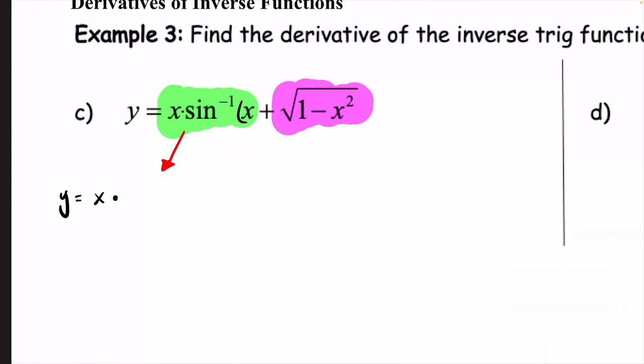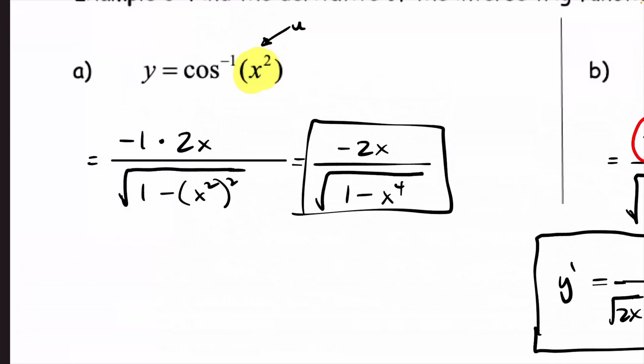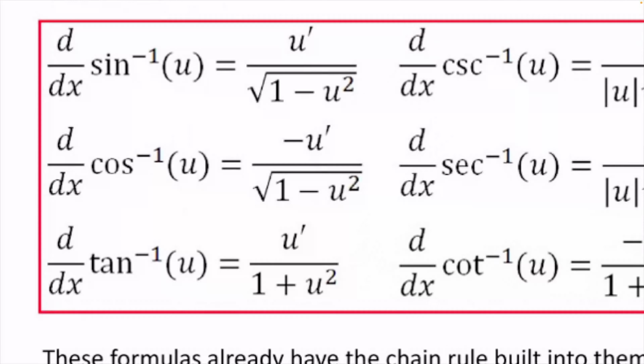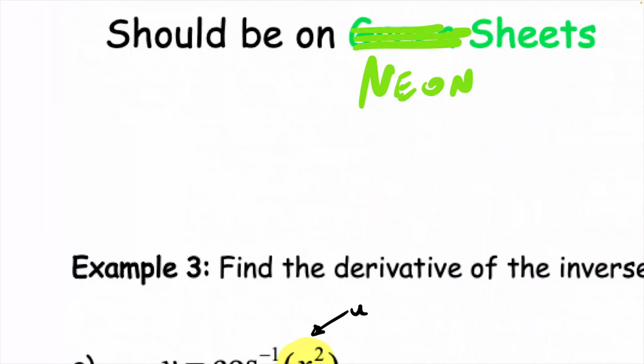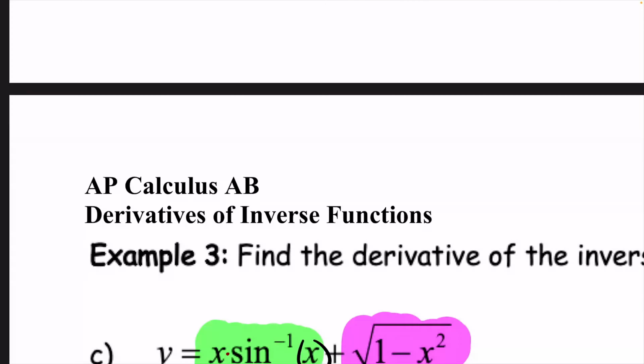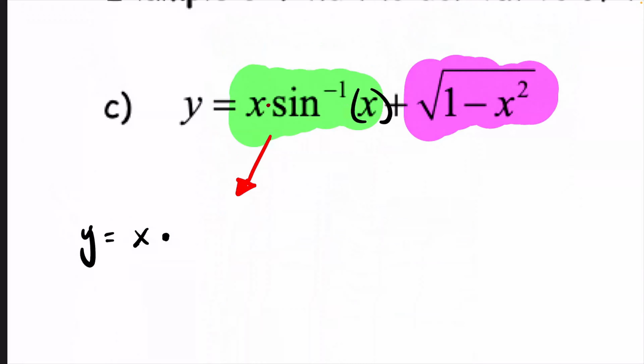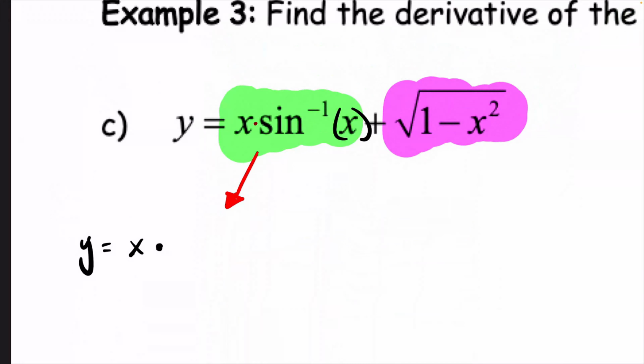Well, the derivative of inverse sine we have on the other page. It's right there. We just used it. U prime over square root of 1 minus u squared.